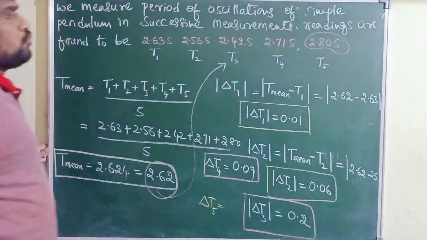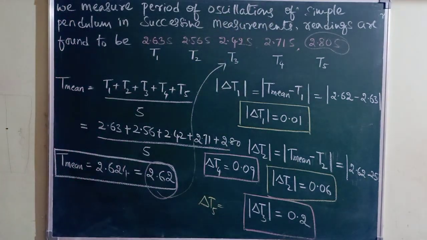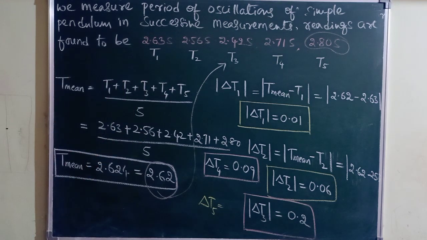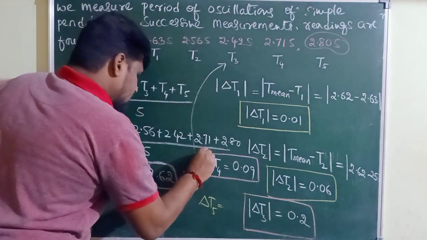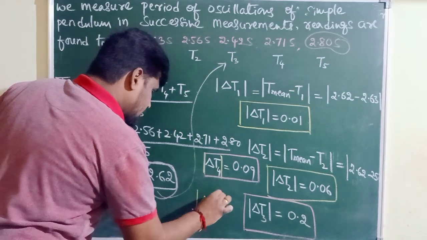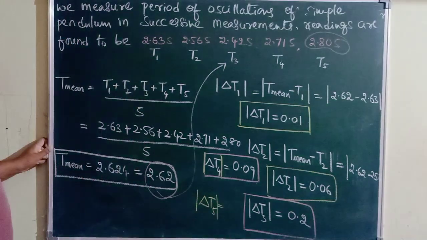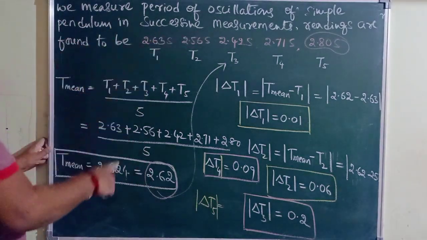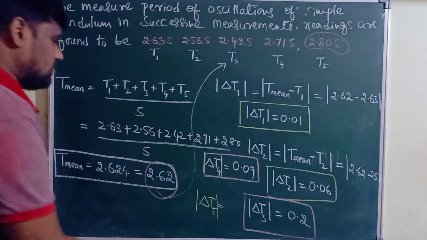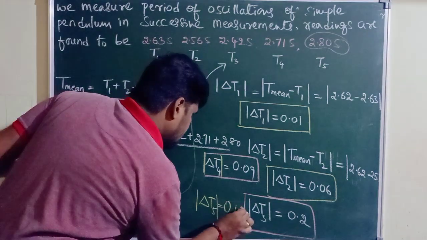We are using the modulus, therefore all the values should be written positive. That is why we are using modulus here. Delta T5 is T mean minus T5, 2.62 minus 2.80, which will be 0.18.